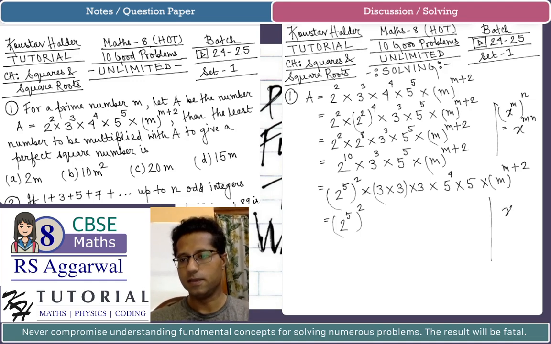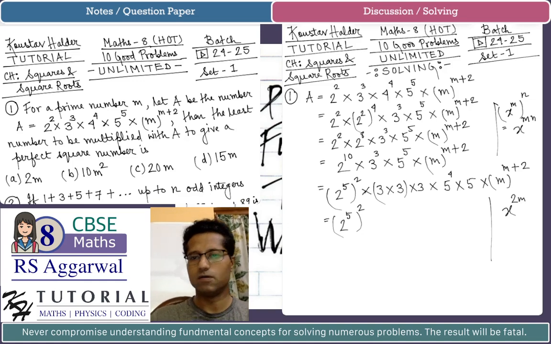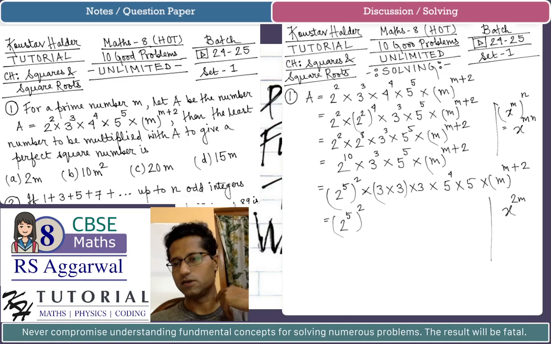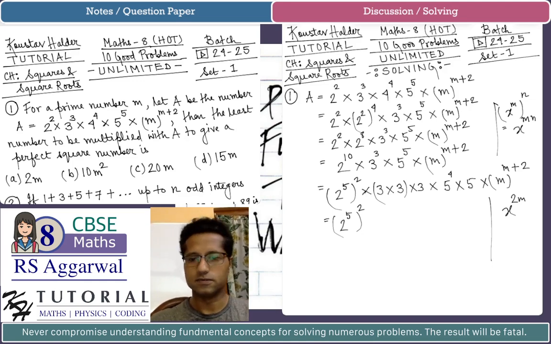Any exponential term where the power is an even number, like x to the power twice m, where x is a non-zero rational number, means x multiplied by x 2m times, and 2m is an even number, so we can always create pairs of equal factors from x to the power twice m, and there will be m such pairs, and the equal factors are x. So any even power can always be expressed as a pair of equal factors.